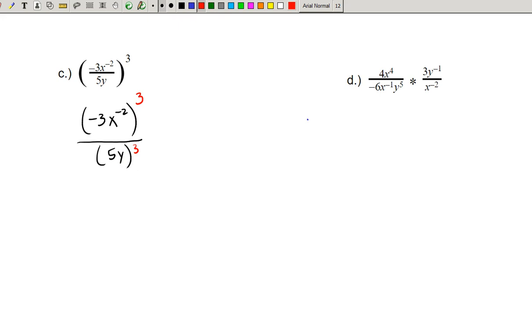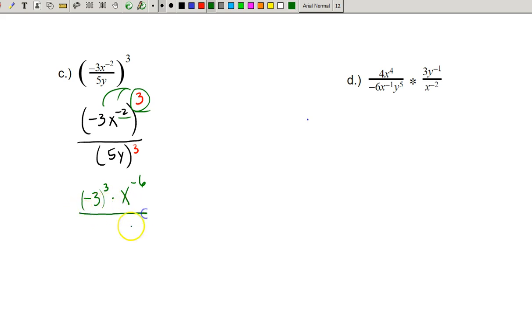And then we have to do the top first and apply that 3 to everything inside. So we're going to have negative 3 cubed times x to the, and we have negative 2 times 3, so that's going to be raised to the negative 6 because we're going to multiply.